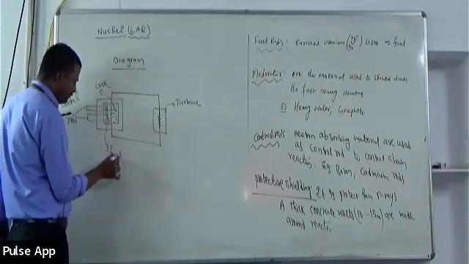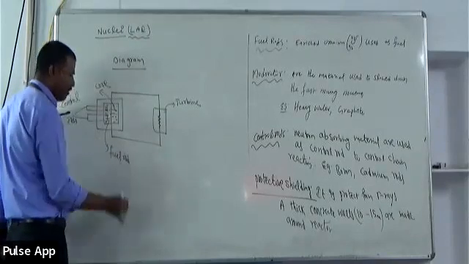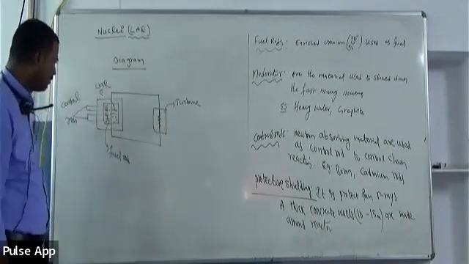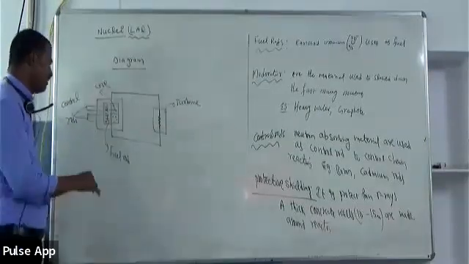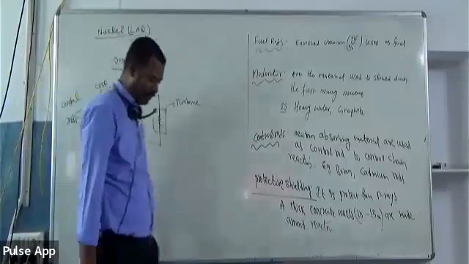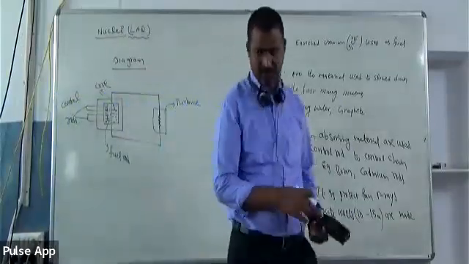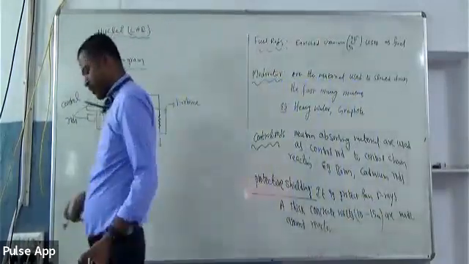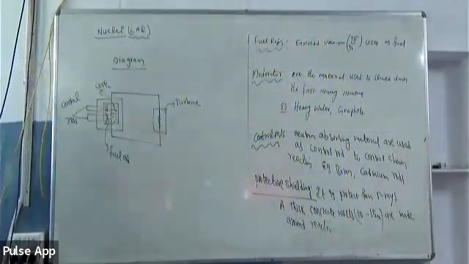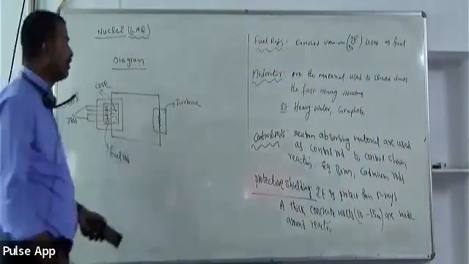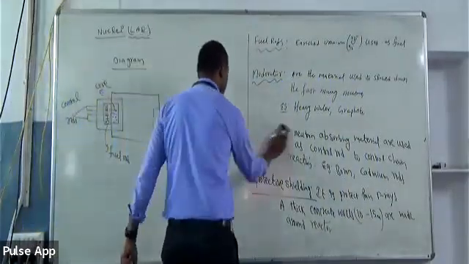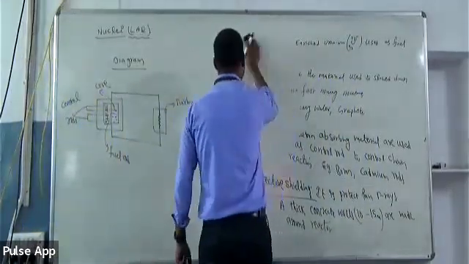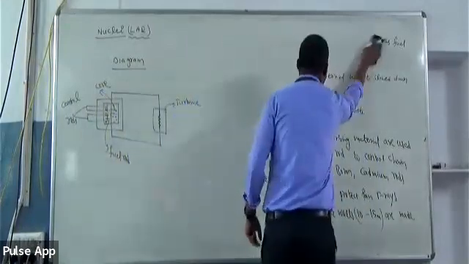Fuel rods in a cylindrical shape will be present. So this is the basic schematic diagram of a nuclear reactor. Okay. So now the explanation of this working.